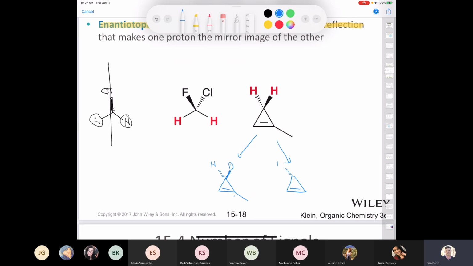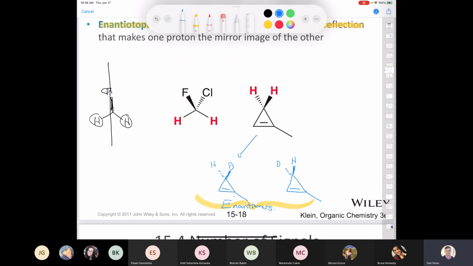So we have the deuterium over here, and we have the hydrogen over here. Okay, what did we do? All we did was flip the stereocenter, right? In one of them the deuterium is going up, and in the other the deuterium is going down. So what's the relationship between these two compounds? They're enantiomers, right? These are enantiomers.